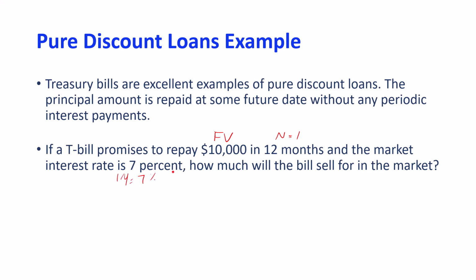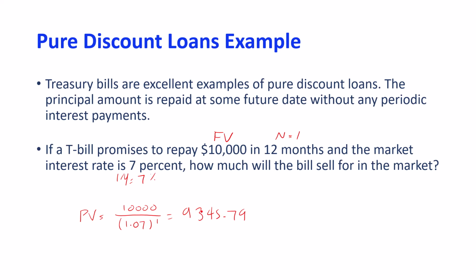You can calculate the present value today by simply discounting the $10,000 by 1.07 raised to the power of 1, which is $9,345.79.